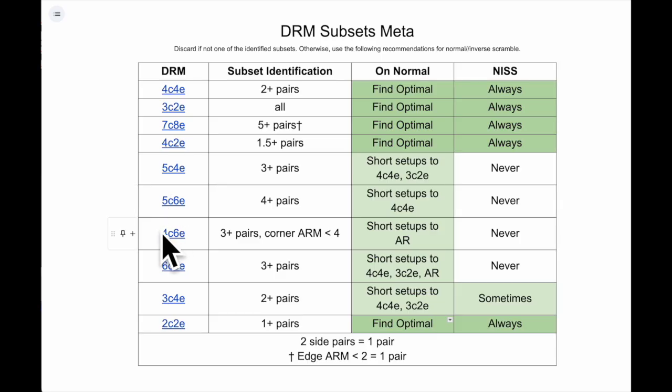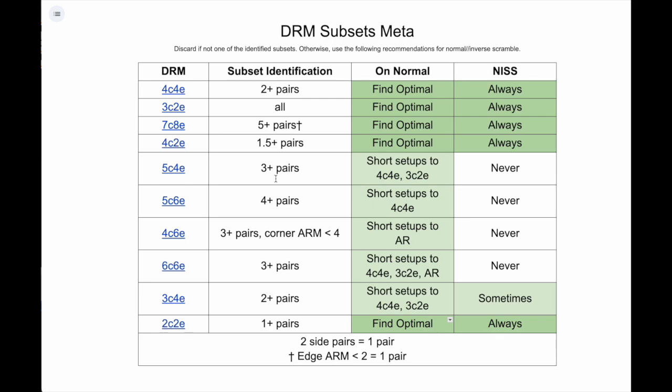Interestingly, 4C6E falls into this category, 6C6E, and this 3C4E, and invest some time just looking for quick setups. So finding optimal is maybe too hard for here, but if you can preserve some pairs, maybe form some pairs in 1 or 2 moves, set up a 4C4E, 3 or even 3C2E, that will be a worthwhile time investment. As long as you've got the requisite number of pairs, 3 pairs, which of course could be 2 pairs plus 2 side pairs.